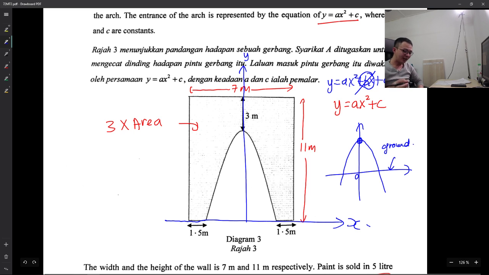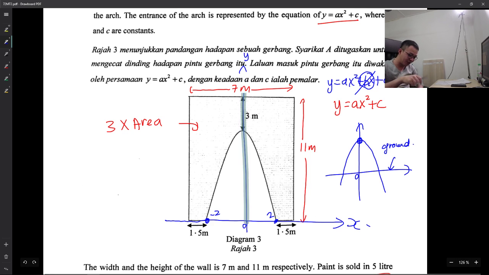Alright, the next thing I want to do is find some coordinates over here. If the 0, 0 is over here, because this is 7, and this is 1.5 and 1.5, which add together to get 3, so that means it's 4 divided by 2. This coordinate is 2, and this one will be -2.